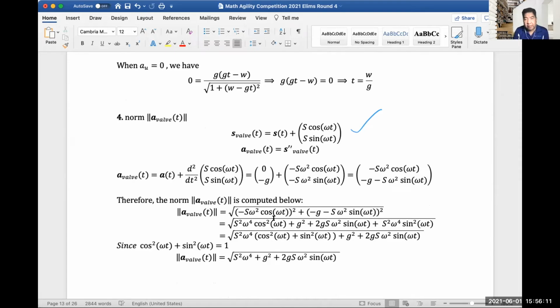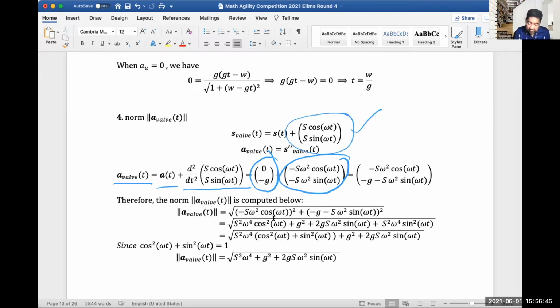Simply get the second derivative of S bulb to get the a bulb of t, and we will have this equation here: a bulb of t equals a of t plus the second derivative of S cosine omega t, S sine omega t with respect to time squared, right? Since we already know a of t, plus the second derivative of this part here.